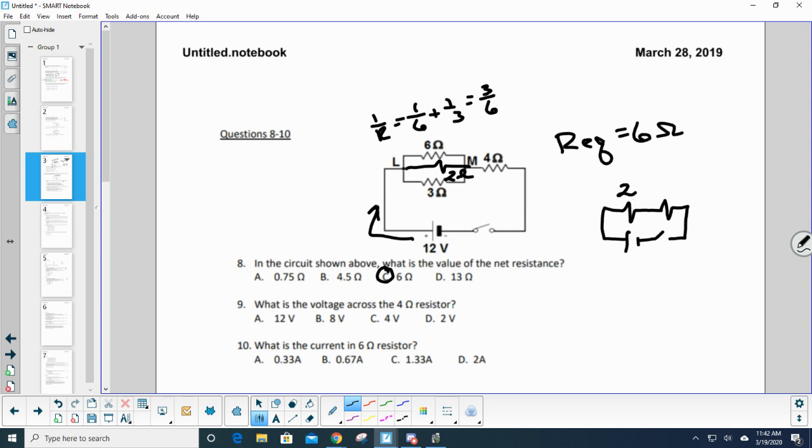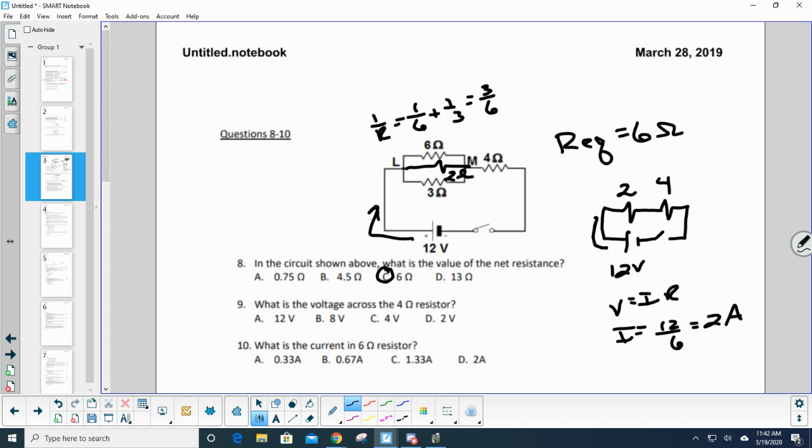This is my equivalent of 2. This one's 4. So there is a voltage drop right here. We know we have 12 volts. So let's go ahead and get the current of the whole thing. Our current is 12/6, so our current is 2 amps.